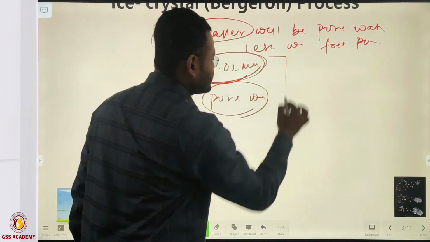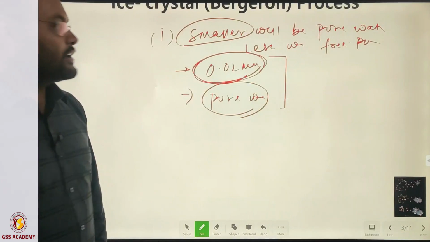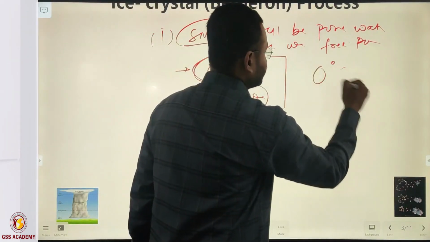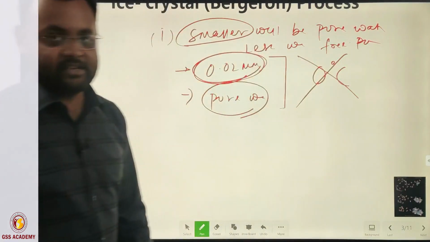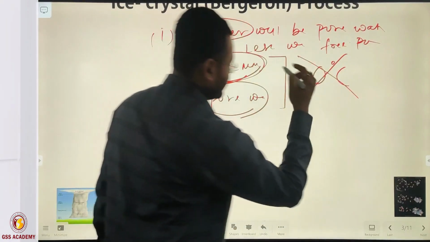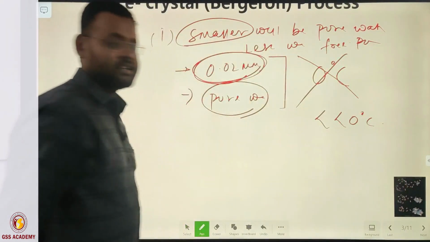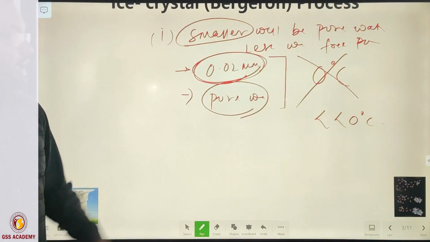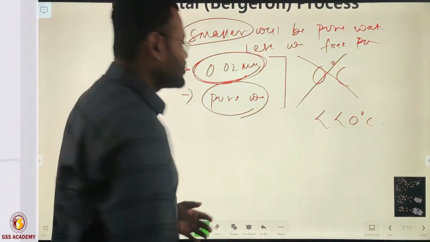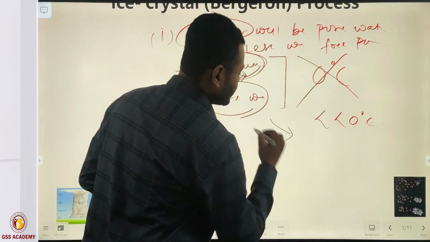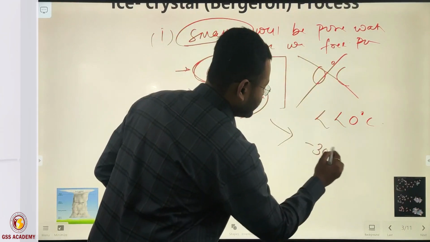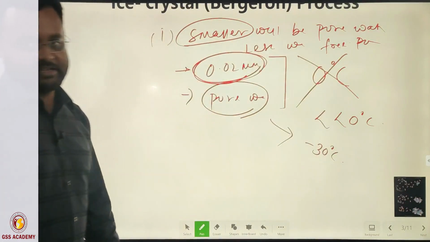Therefore, this particular water will not freeze at a temperature of 0 degrees Celsius. Instead, it will freeze at a temperature much lower than 0 degrees Celsius, and in most instances these liquids normally freeze at a temperature of minus 30 degrees Celsius.